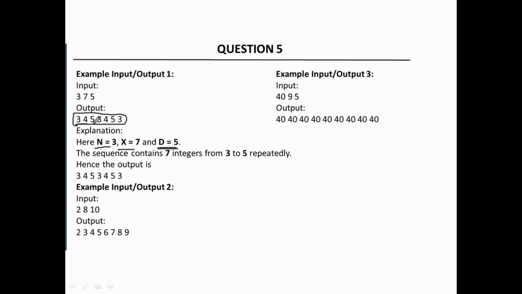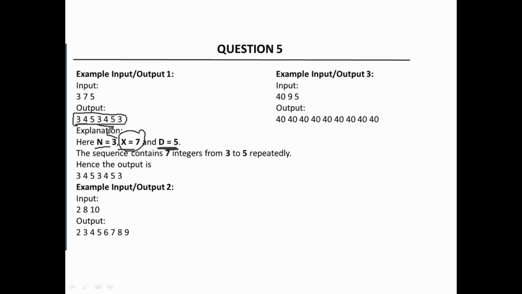Likewise we should print repeatedly until we reach this many number of values. Once we print x number of values, we stop, so we're printing values in the series, guys.